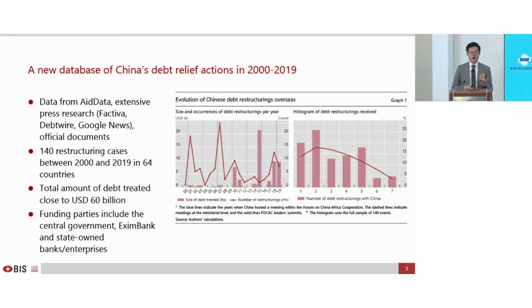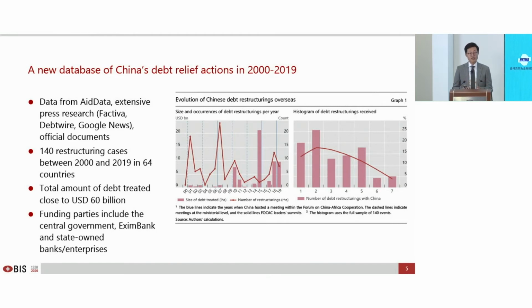In terms of occurrences, you can see a very cyclical pattern, with peaks around certain years. This is because African countries received the most debt relief, and most operations took place in Africa.